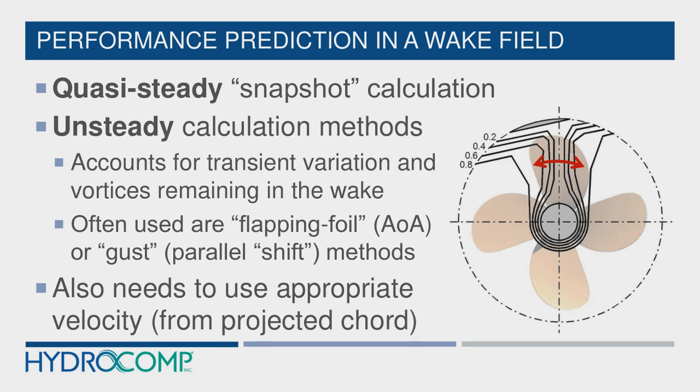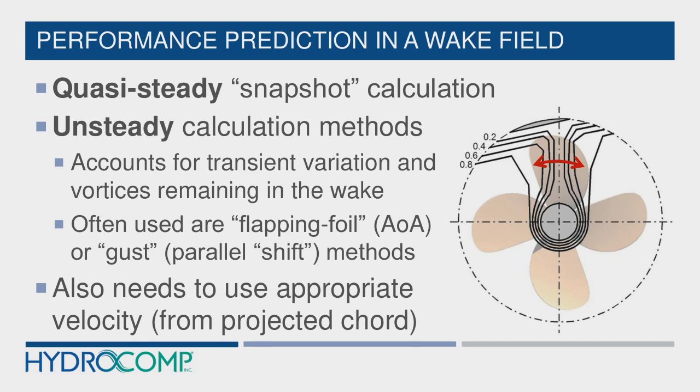Now, if we turn our paddle and align it with our canoe or our kayak, and then we move it side to side or twist it, that's really what we see with these two models, with the flapping foil or a gust model being a parallel shift of our paddle.